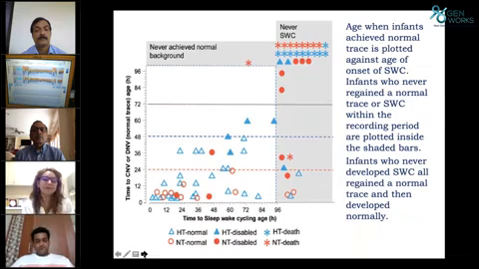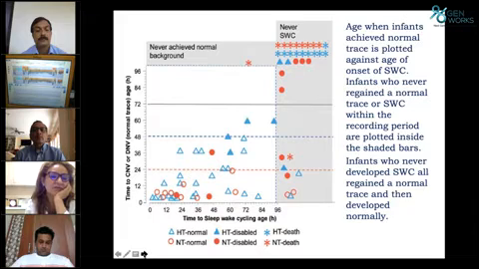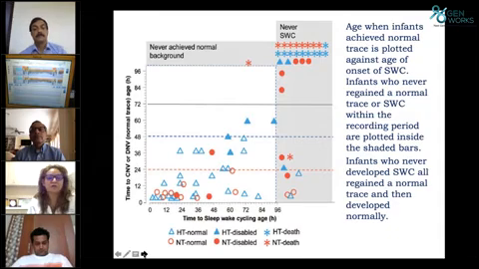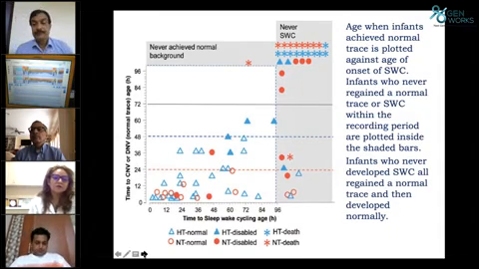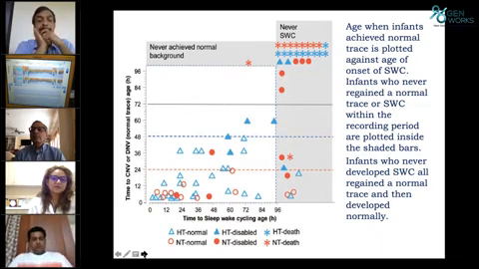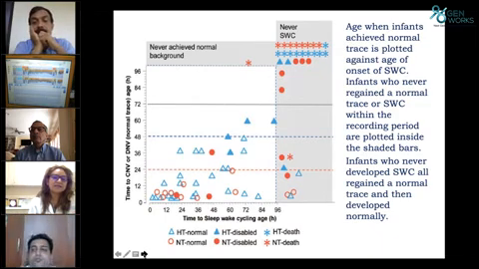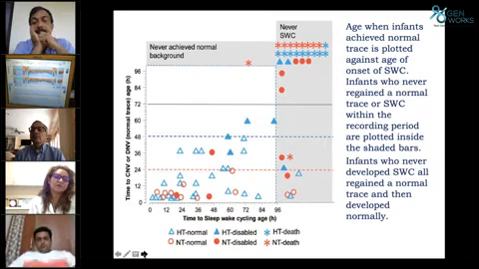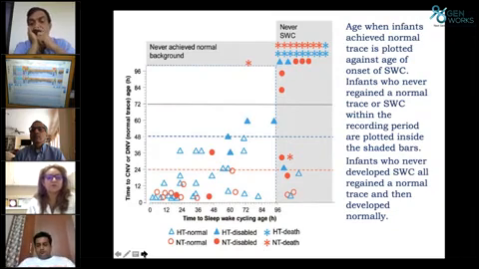When you compare, the x-axis is time to sleep-wake cycling and the y-axis is time to the continuous normal pattern for that particular age. We will see that when both are okay, like time to sleep-wake cycle is less and time to coming to normal is less, then the babies are going to be more normal.